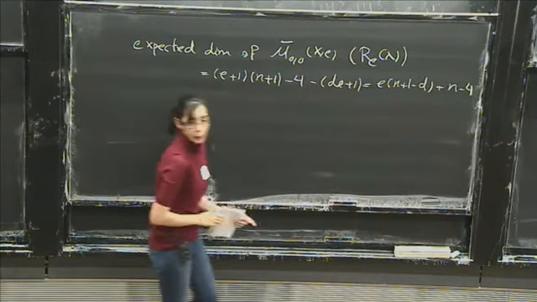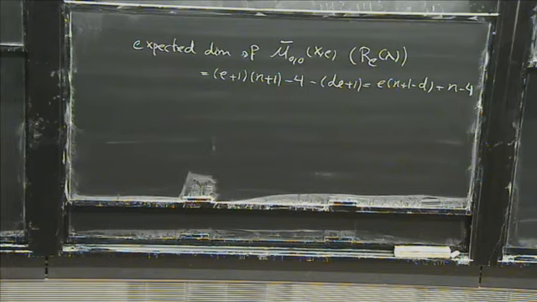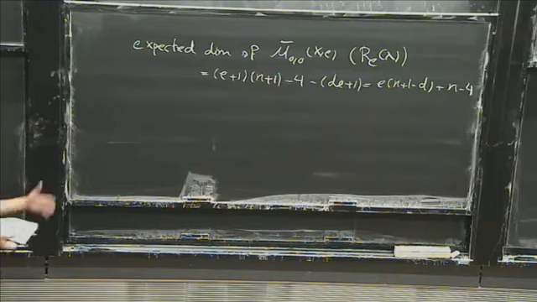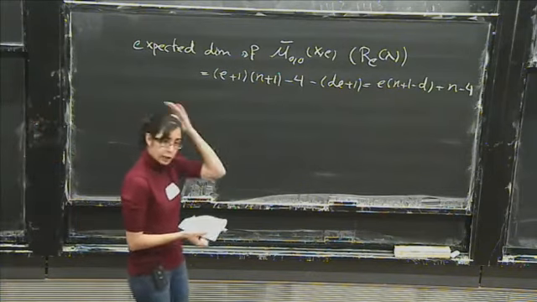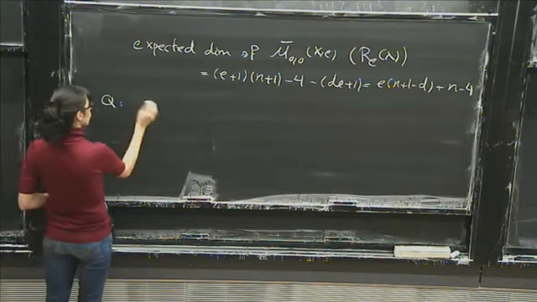Okay, and this shows that the actual dimension is always greater than or equal to the expected dimension, and that if we get the equality, then this is a local complete intersection stack. Okay, and now the question is: when do we get the expected dimension? If we assume that X is general, do we get the expected dimension or not? So this is a natural question to ask.